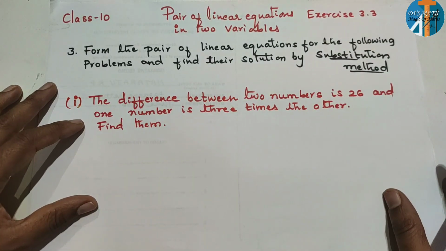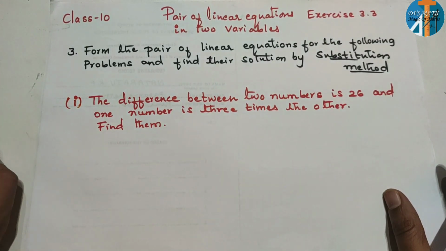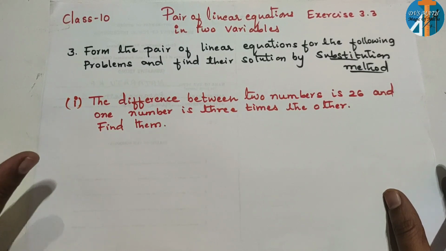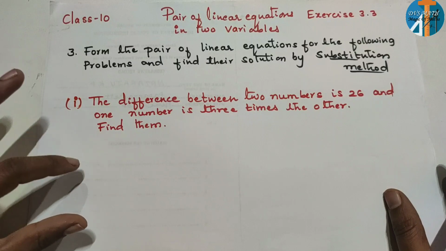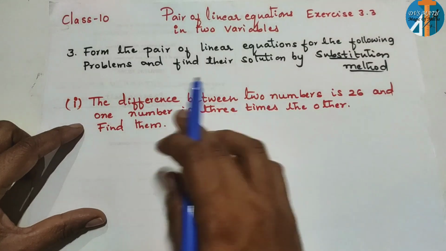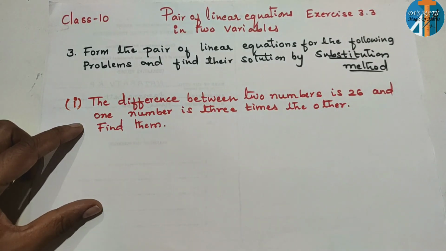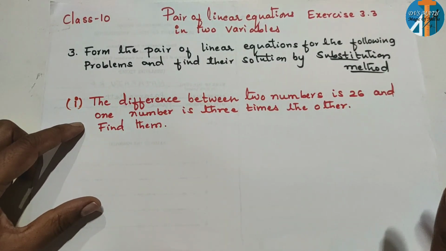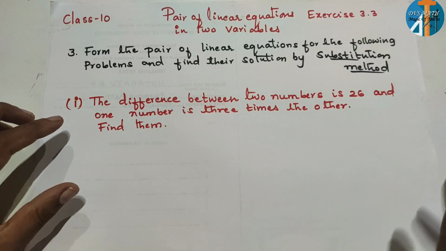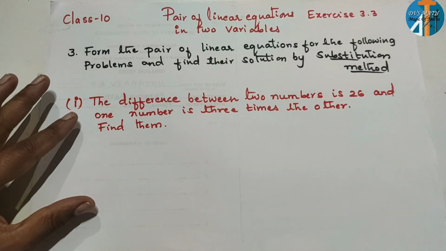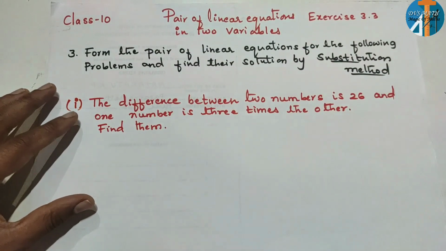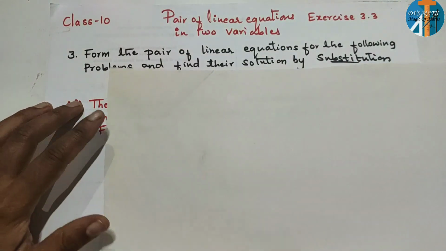And remember, in this type of question, you will get two statements. You have to use two statements or two keywords, and you have to form the pair of linear equations. Here, the difference between two numbers is 26. What do you mean by difference here? Before understanding the question, you have to understand some words like difference.